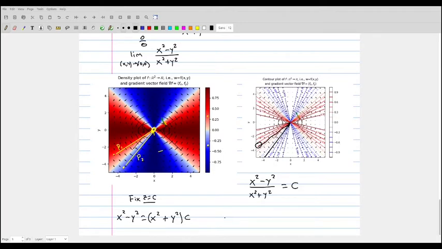Which can be rewritten as x squared times 1 minus c, minus 1 plus c times y squared equals 0.